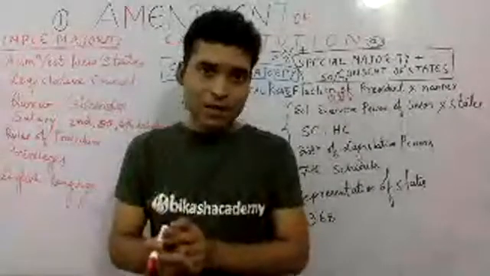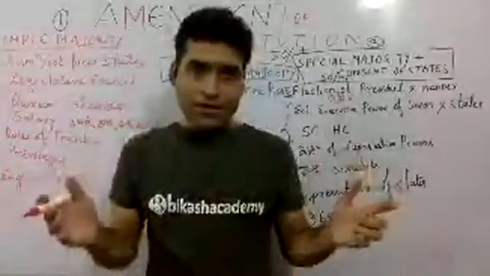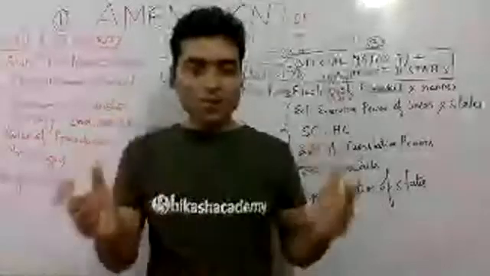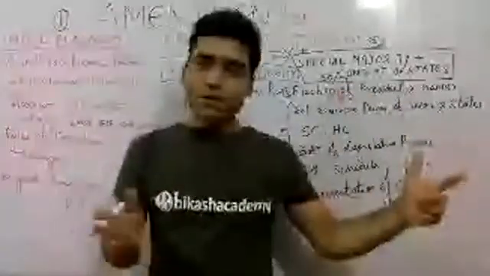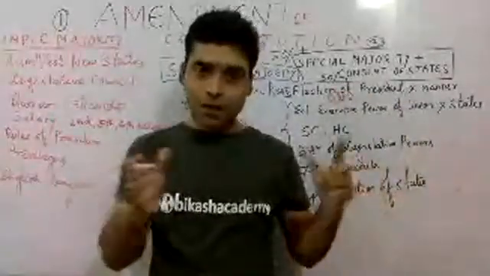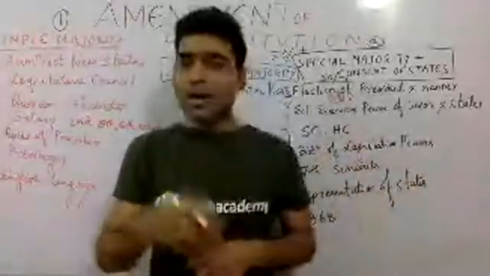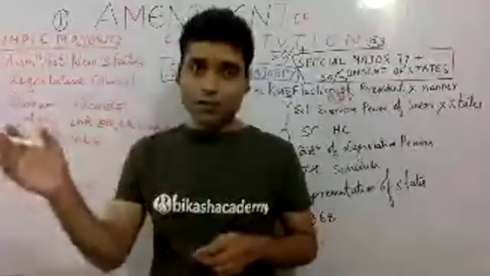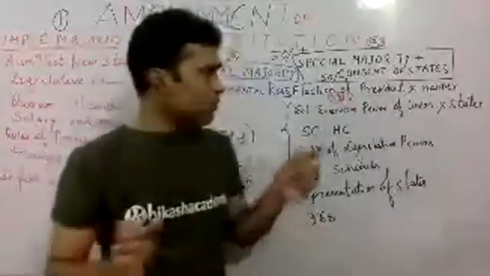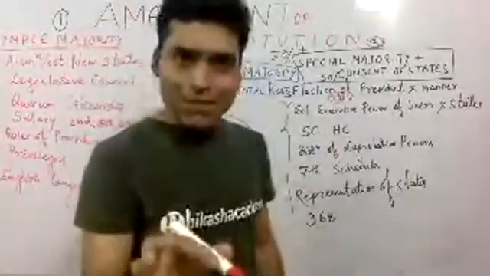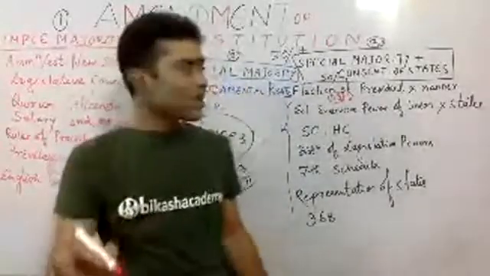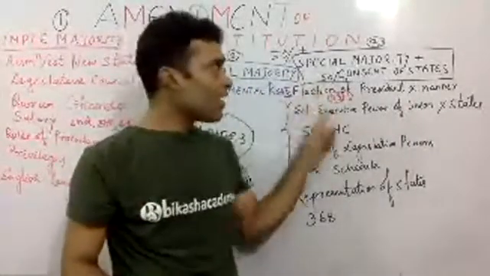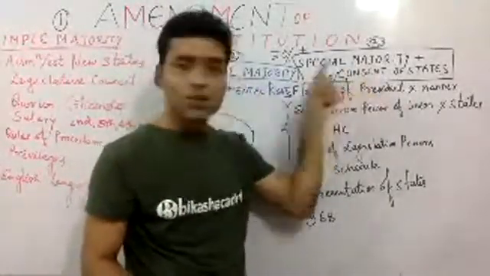There is an electoral college comprising both Houses, the elected members of Lok Sabha and Rajya Sabha, and all elected members of legislative assemblies throughout India. If you want to rectify, revise, or correct this provision, you require special majority plus consent of states.